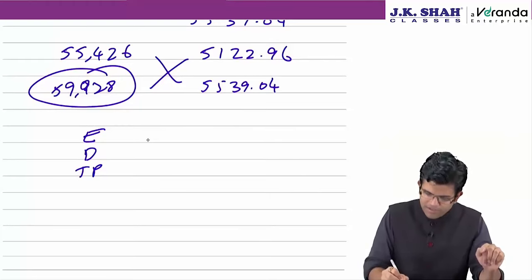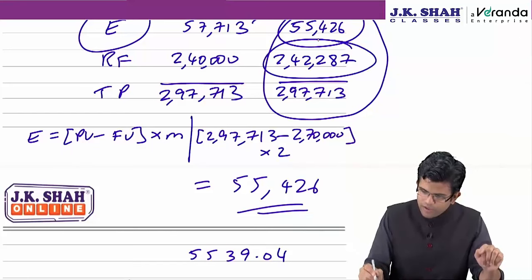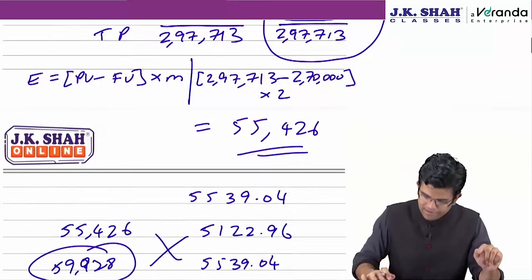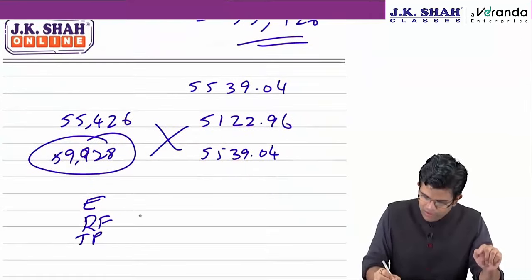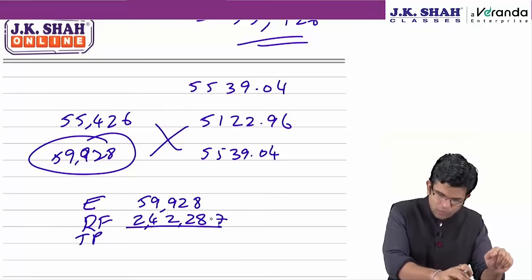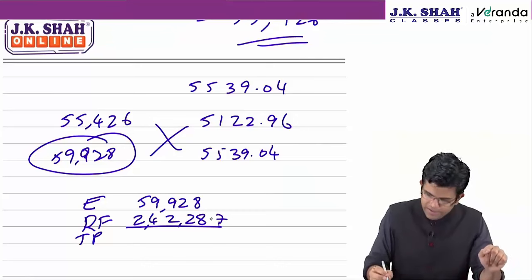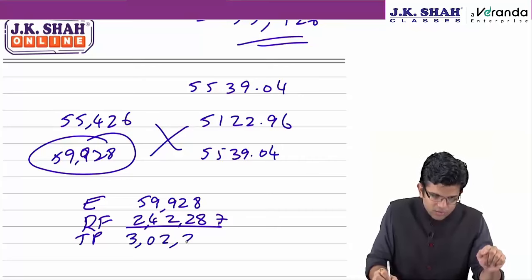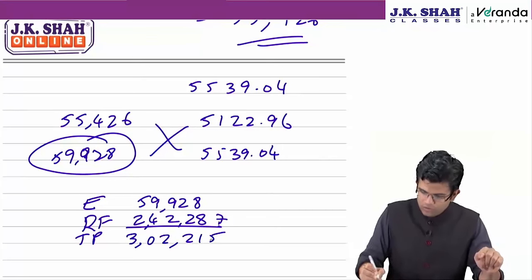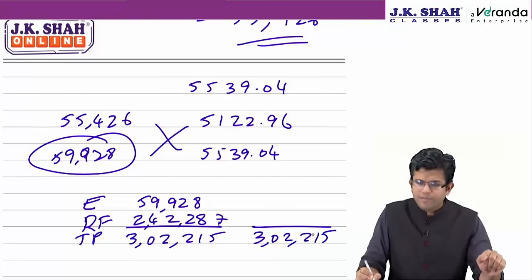Students, the debt component, that is the risk-free component, will continue to remain 242,287. And the equity component now is 59,928, thereby making the total portfolio 3,02,215. It will continue to remain 302,215 post rebalancing also.